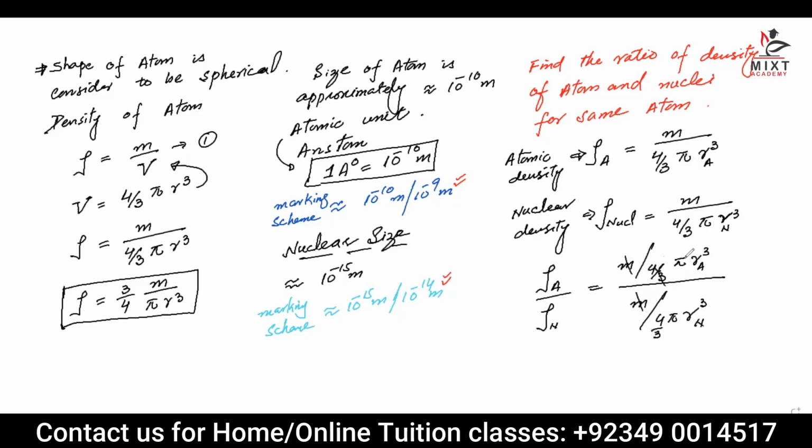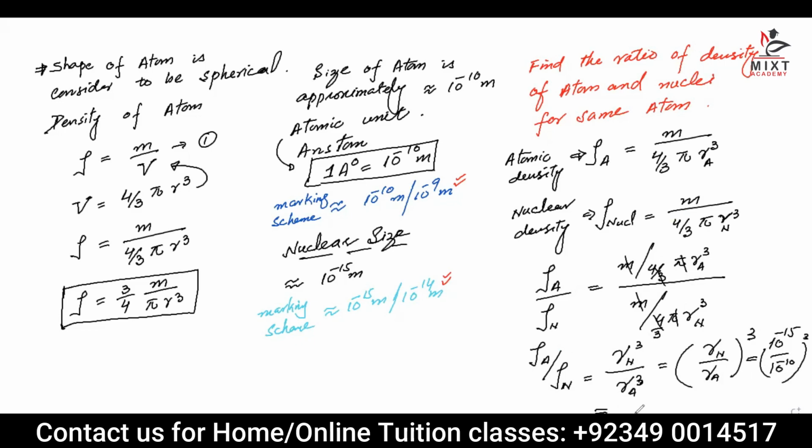Everything will cancel except the radius, so we get Rn³ divided by Ra³. Taking the whole cube, Rn divided by Ra whole cube, we put in the values: 10 raised to power minus 15 divided by 10 raised to power minus 10, whole cube, which gives 10 raised to power minus 5 whole cube.